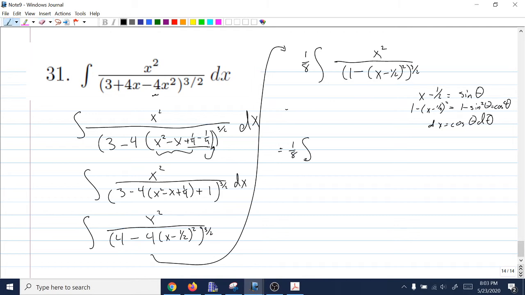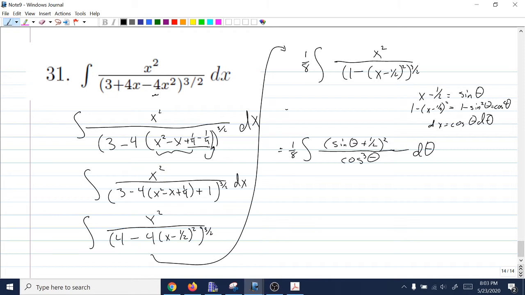1/8 integral of x squared is sine theta plus a half squared. We're going to have to FOIL that out in a second. Over, so I'm getting a messier numerator but a cleaner denominator, and that's usually worth it. Over 1 minus blah squared is cosine squared to the 3 halves becomes cosine cubed. Technically absolute value, but this is going to be positive on the region we care about.